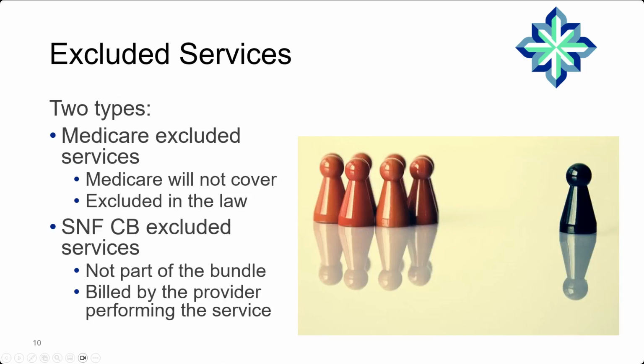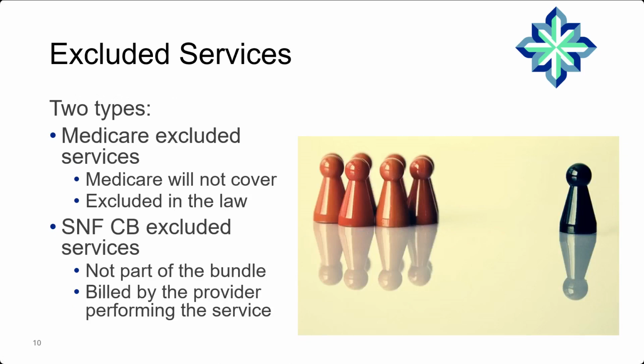Let's keep working a little bit back and forth with some of these different terms. The first thing I want you to be aware of is excluded services, because there are 2 types of excluded services when you talk about skilled nursing facility, consolidated billing, bundling. The first type is literally Medicare excluded services. Medicare is never going to pay for that.